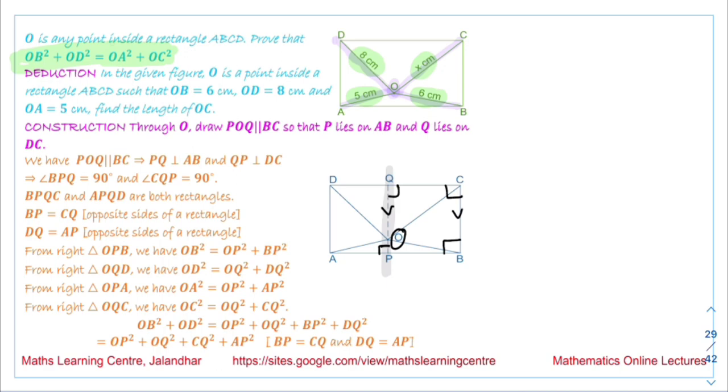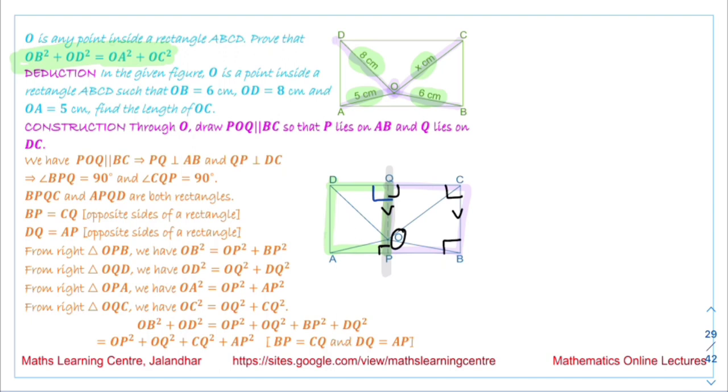So what we get from this is that this PQDA and this second figure QCBP, both these are rectangles, because these angles are 90 degrees. All the angles of these figures are 90 degrees, so these are rectangles.